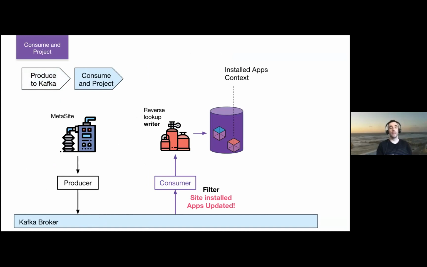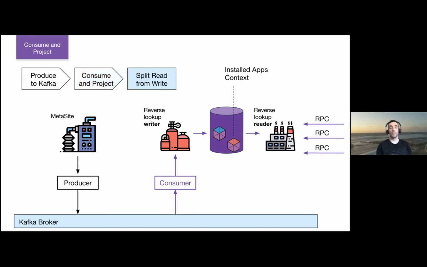Then they created a completely new service called a reverse lookup writer that consumes these events on updates to metasites, but it only filtered to get updates on which apps are installed on the site. So it acted as a filter or a projection and only consumed the site application installed context and put it in a brand new database table.